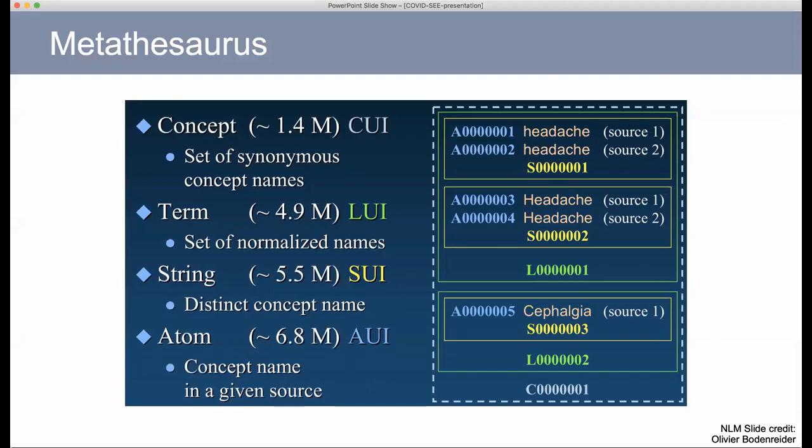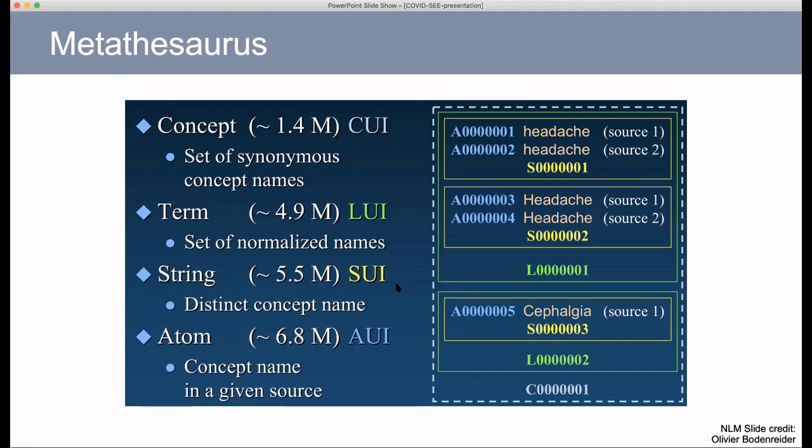Just a little bit more detail on the kind of structure. It includes lexical information, so it has names and synonyms and different strings that correspond to particular concepts. Here we can see again that 5-to-1 relationship between the terms and the concepts. And because the metathesaurus is a meta vocabulary integrating terminology from multiple resources, it actually reflects the original terminology in the original sources as well.